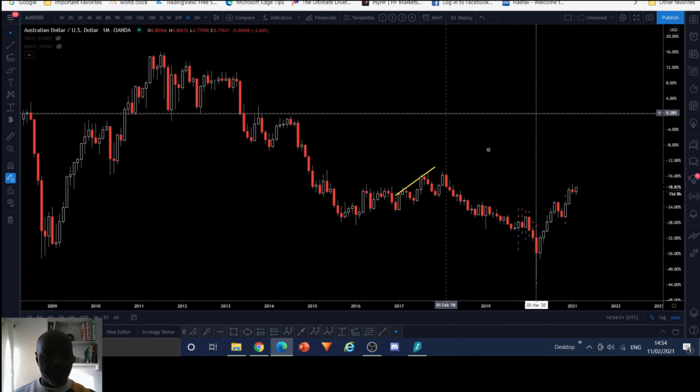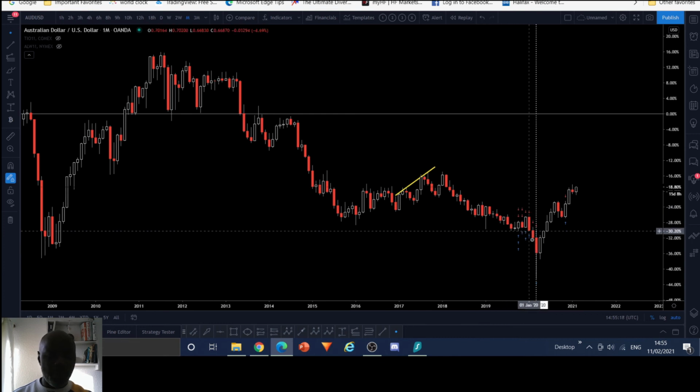This dotted vertical line, if you look at the date below, was March 2020. March 2020 was when catastrophe hit with the first signs of the COVID cases. And as you can see here, the Aussie dollar sold off right down into that point.